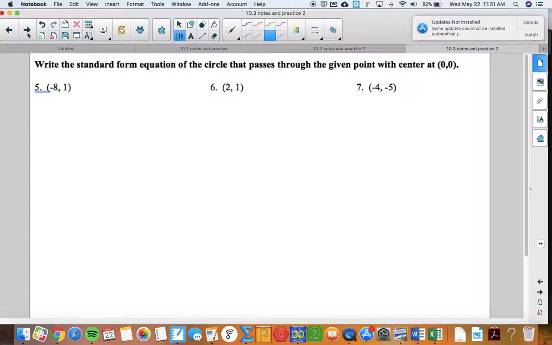Number 5, 6, and 7. Write the standard form equation of a circle that passes through the given point with a center at 0, 0. So I'd recommend that you make a decent sketch here, folks. So here's my origin. You'll see why. I need to go out 8 to the left because x is negative 8.